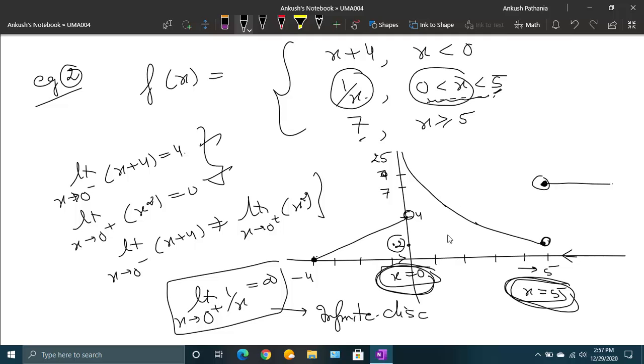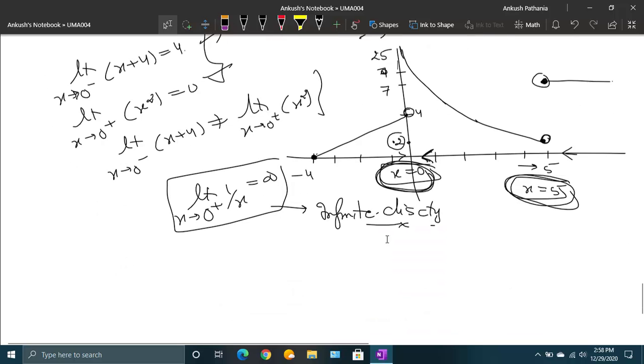The limit does not exist when you approach 0 from the right hand side. So in this function you have no jump discontinuity at x equals 0, but an infinite discontinuity at x equals 0 when you approach from the right hand side. So this is not piecewise continuous.